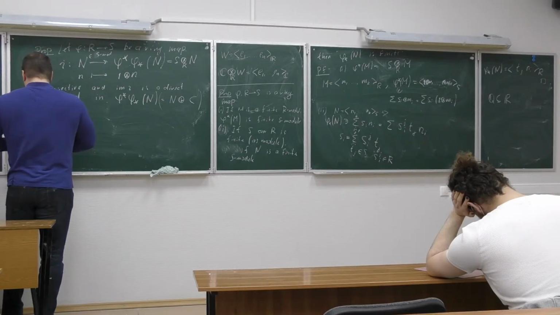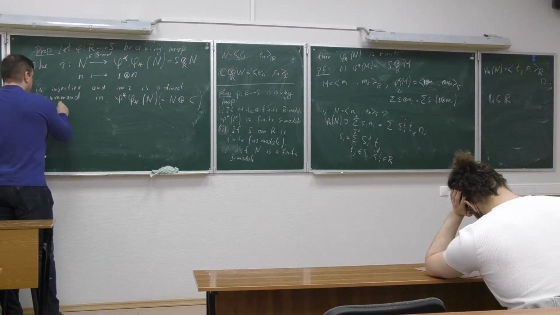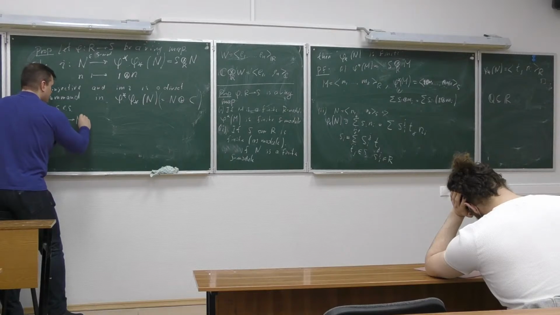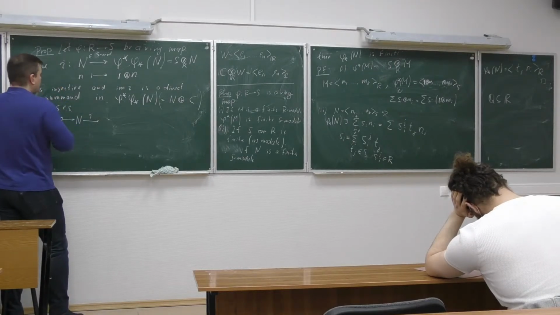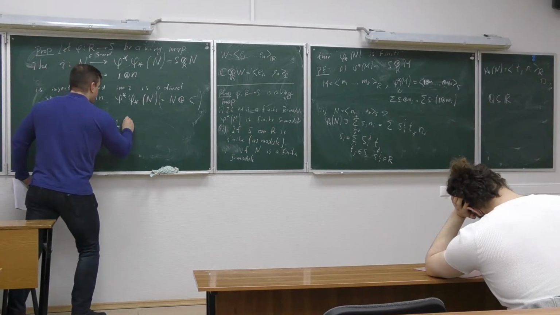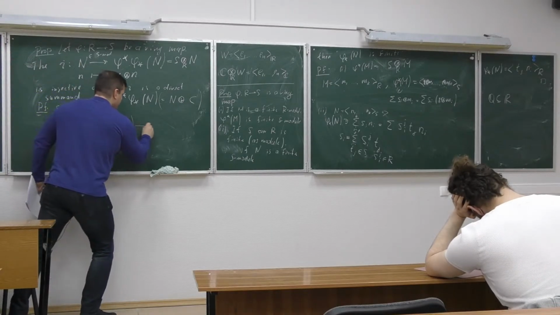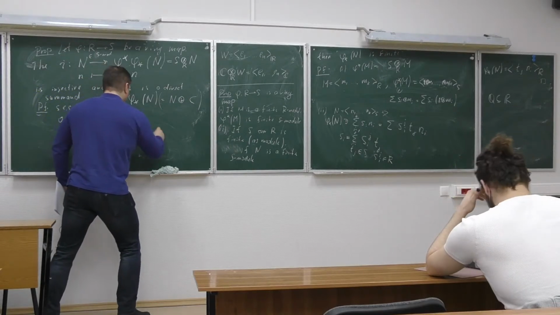Okay, so let's consider the short exact sequence where you start. Well, we don't know at the moment that this is a short exact sequence, but at least we have a map iota to this phi upper star, phi lower star of N. And then we just take the canonical surjection to the quotient.